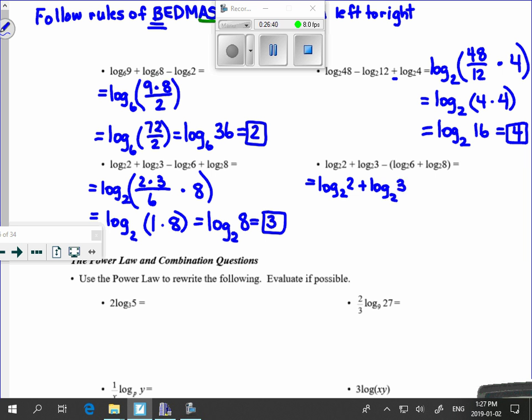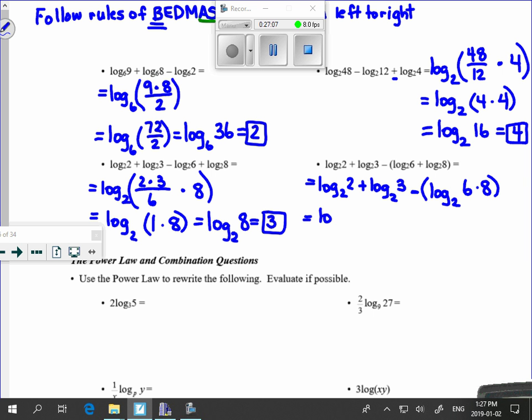And then it's minus whatever this ends up being, okay? So log in base 2 of 6 plus log in base 2 of 8 is the same thing as saying log in base 2 of 6 times 8, right? Okay.